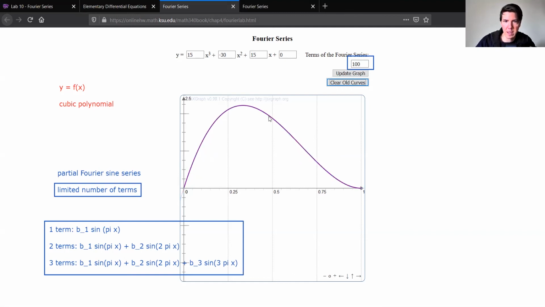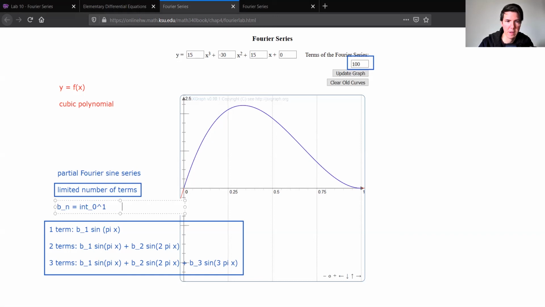Now, these are related based on what we just looked at with the Blackboard iPad writing. These are related in the following way. Remember that these coefficients, B1, B2, B3, in general, B sub n, is determined by taking the integral from 0 up to 1 of f of x.